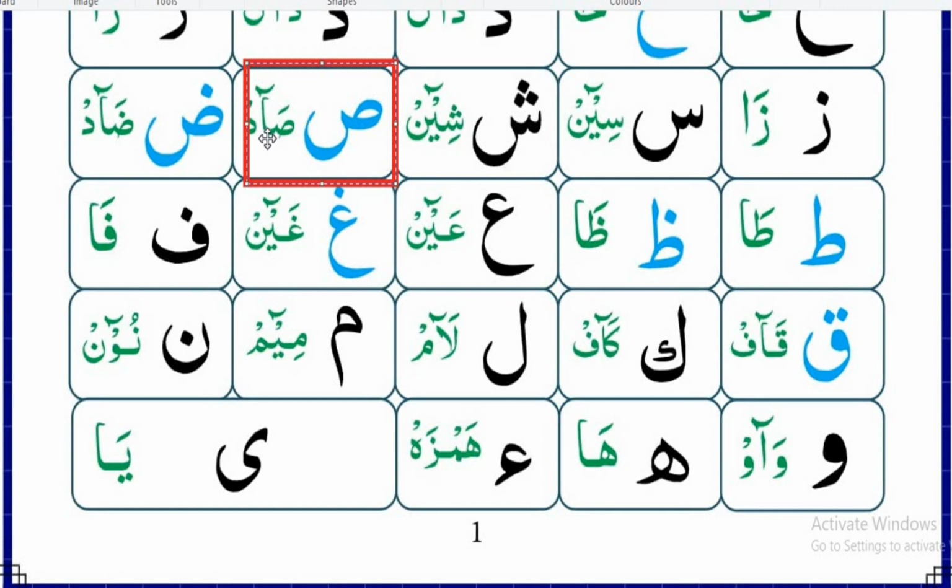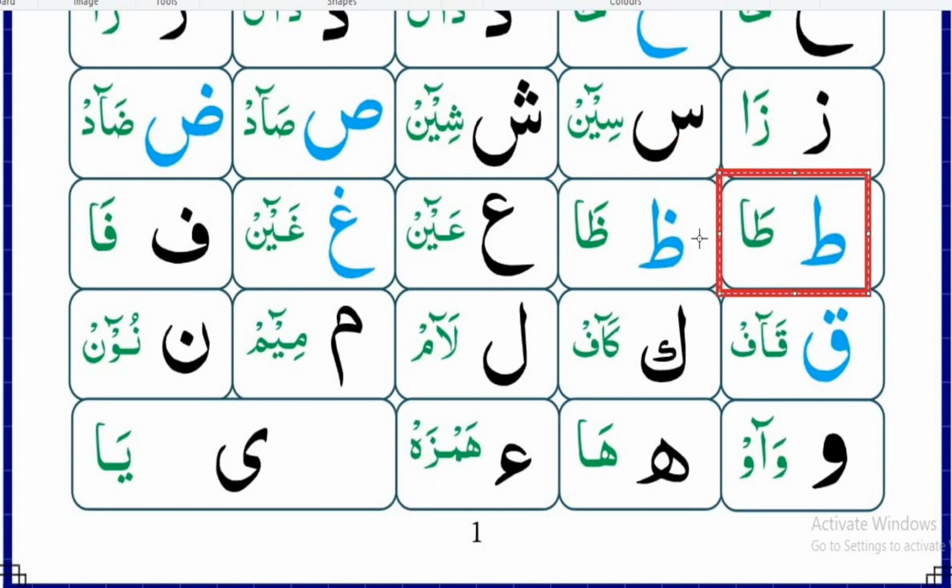So these three letters are pronounced with that whistle-like sound. So the letters are seen, sheen, swad, dod.